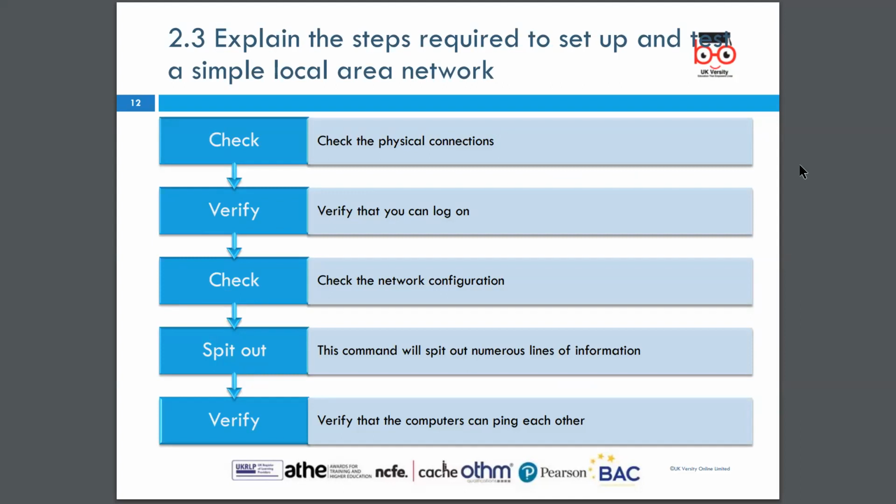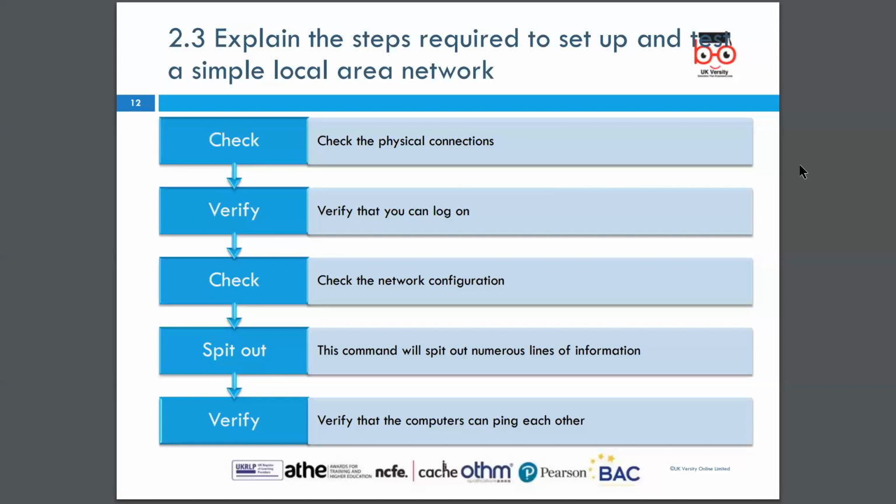Now we're going to explain the steps required to set up and test a simple local area network. We always need to check the physical connection and see how this is doable. Verify that we are now able to log onto it.